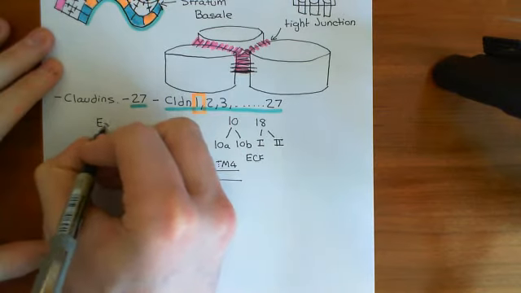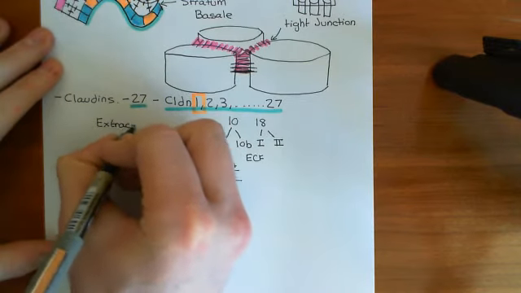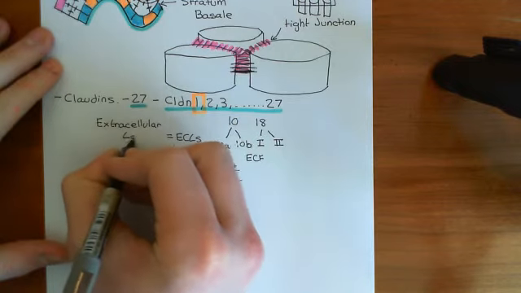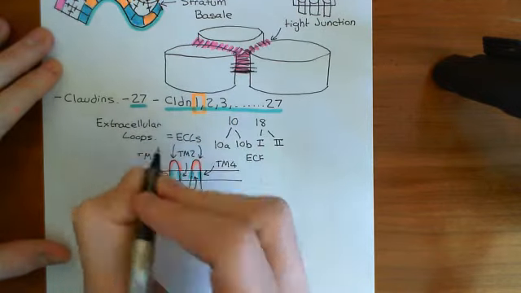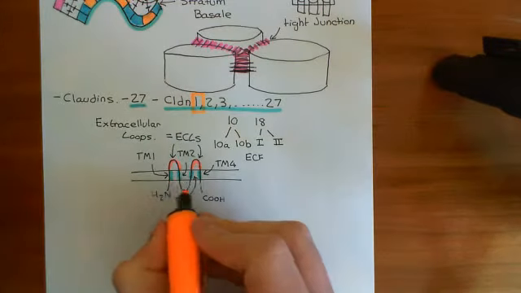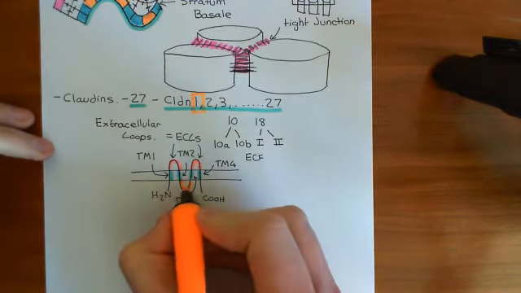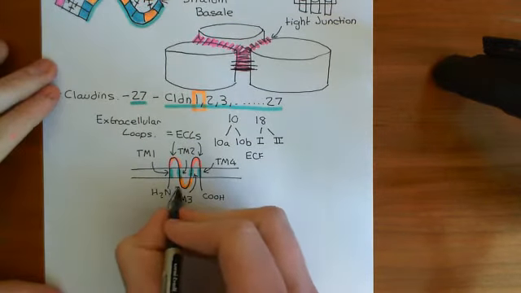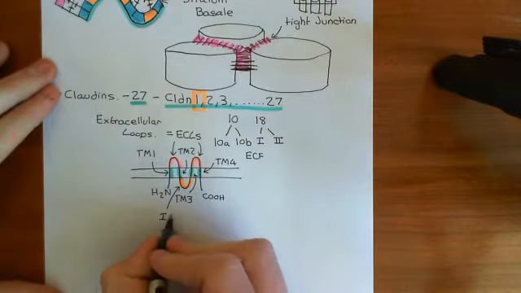EC stands for extracellular: the E is for extra, the C is for cellular, and the L is for loop. So we have two extracellular loops. We also have an intracellular loop here in orange, known as the ICL, for intracellular loop.